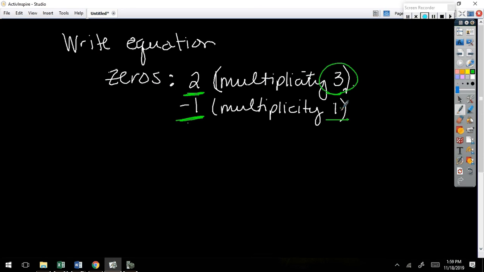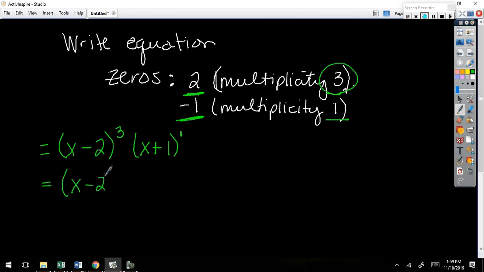So whenever I need to write the actual equation, I need to say, okay, well, x minus 2, because it's x minus my 0, to the 3rd power, right? Because it happens 3 times. And x plus 1, this one's to the 1st power, right? So this becomes a problem that I have to literally write out 3 times here. I've still got my x plus 1. And remember, as I'm multiplying, I really don't want to multiply more than 2 at a time.